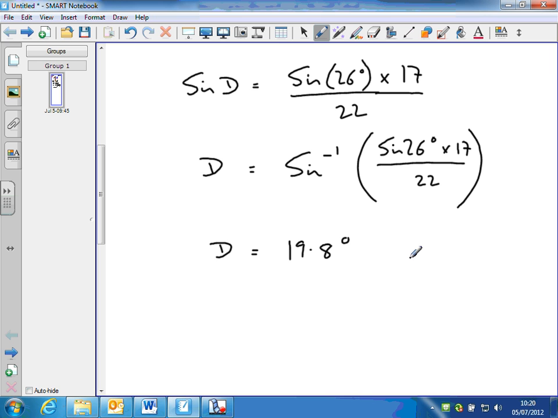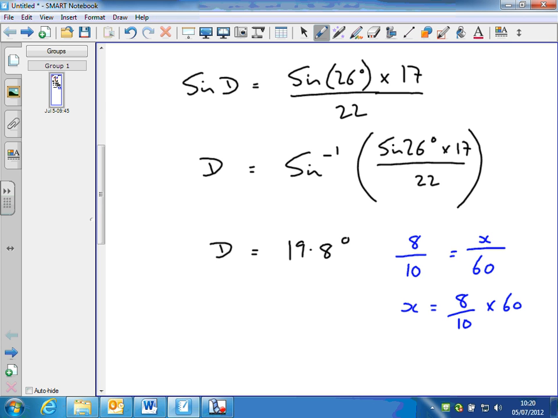The only thing we need to do now is to convert that to minutes. And so if you think about this, 0.8 of a degree is 8/10 of a degree. And that's got to be in minutes. So what's that in minutes? It's something over 60, because the degree is divided into 60 minutes. So now to get x, I've just multiplied both sides by 60. So in other words, to convert an angle from a decimal into minutes, I just multiplied by 60.